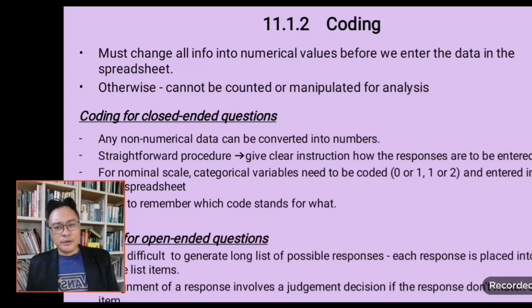Right, so I think you have learned this in your statistic class. Coding for close-ended questions, very easy. Okay, for the close-ended question, example, the demographic profile or the travel behavior characteristic profile. For all the Likert scale profile, so all the Likert scale questions, they are all known as the close-ended questions.